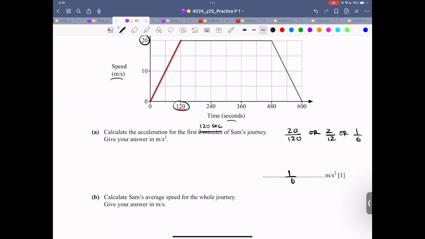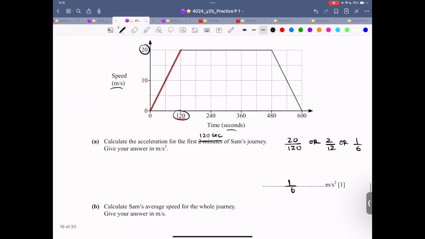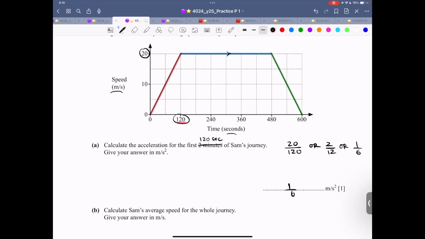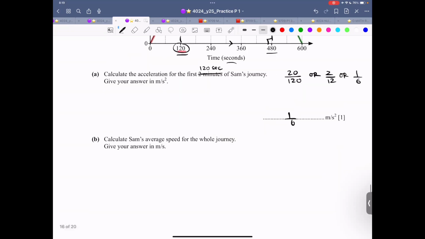Calculate Sam's average speed for the whole journey. I need, first of all, the total distance traveled. So that's the area of this trapezium, the acceleration, deceleration, the constant in the middle. So these two are parallel sides. If I draw a dotted line like this, that is the height. And one side is between 120 and 480.